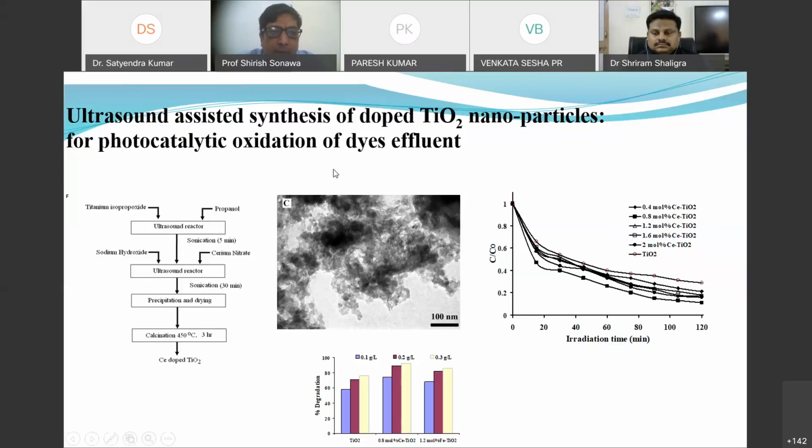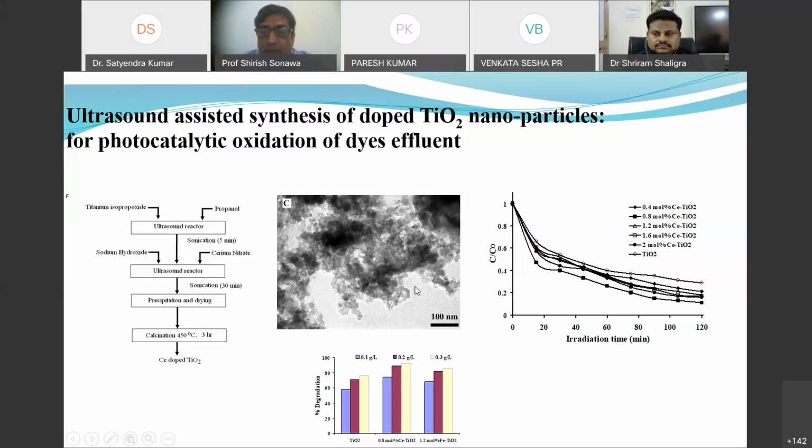Okay, and the same one we can utilize for photocatalytic activity, and the combination of ultrasound along with the Fenton catalyst, or a hybrid methodology, you can utilize for the treatment of wastewater.